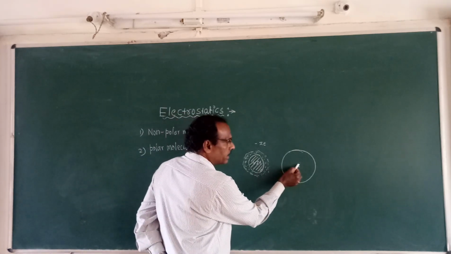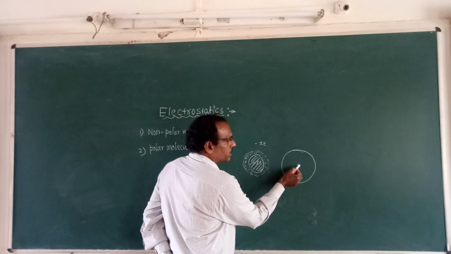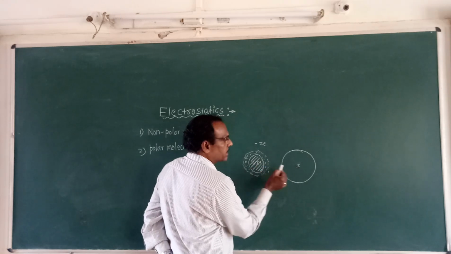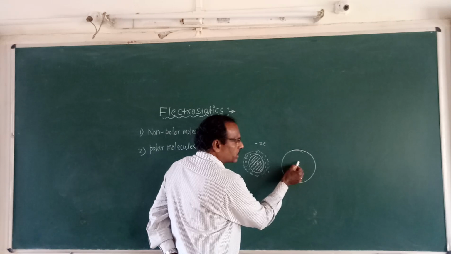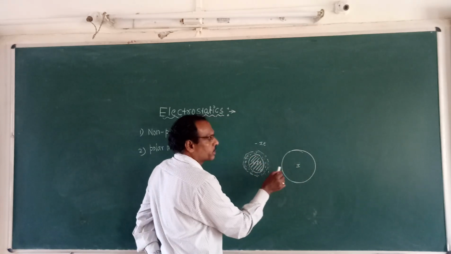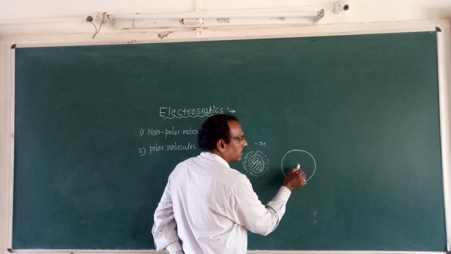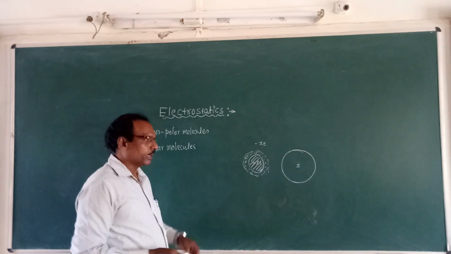When both the centers of gravity, that is the positive charge, the center of gravity of the charge of the nucleus, and the negative charge, the center of gravity of the electrons, coincide at the center, one is overlapping the other.